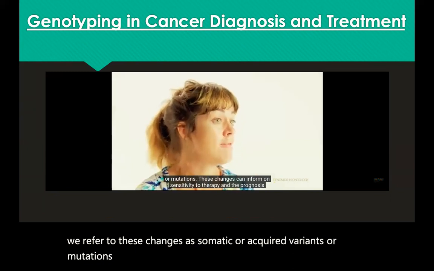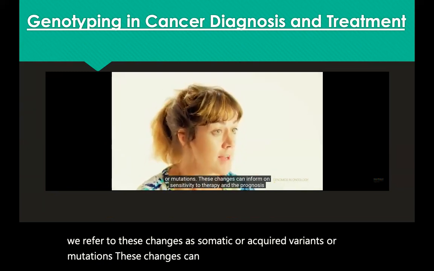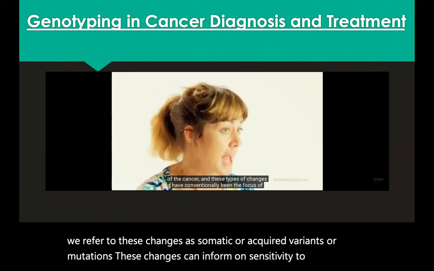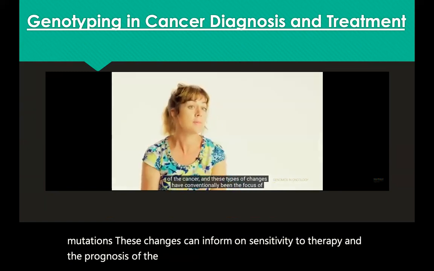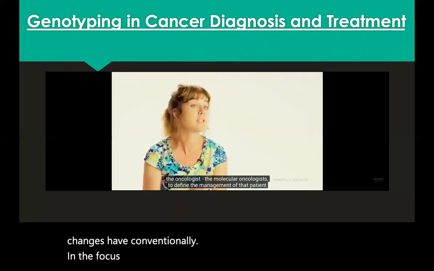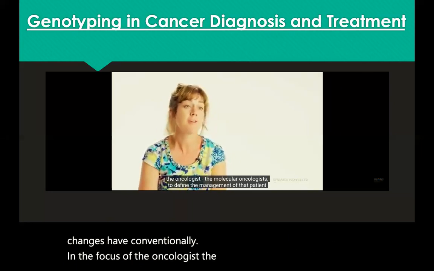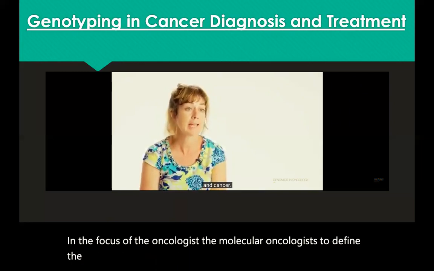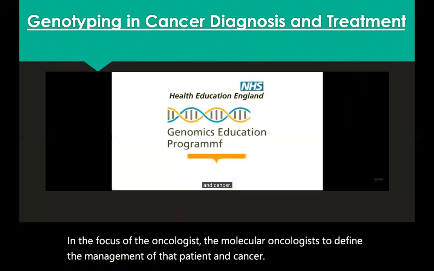These changes can inform on sensitivity to therapy and the prognosis of the cancer, and these types of changes have conventionally been the focus of the oncologist, the molecular oncologist, to define the management of that patient and cancer. Isn't that interesting?